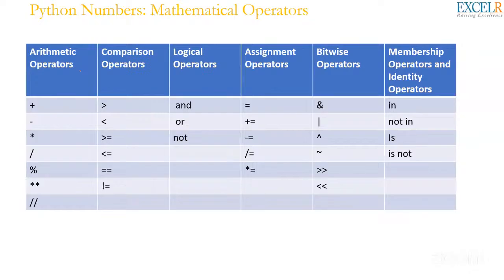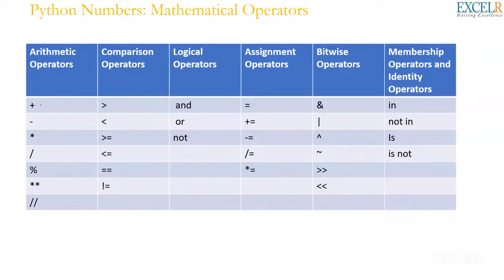Next come comparison operators. Then there are logical operators, assignment operators, bitwise operators, membership operators. The bitwise operators, we will not concentrate very much on these because in 95% of the cases you won't be working on these. Okay, but the rest will be very important. However, I will give you a quick idea about the bitwise operators as well. So let us look at this.